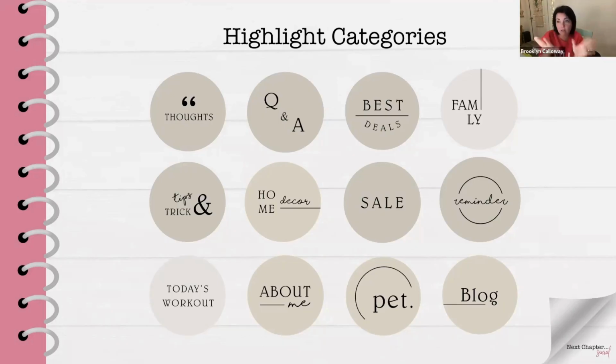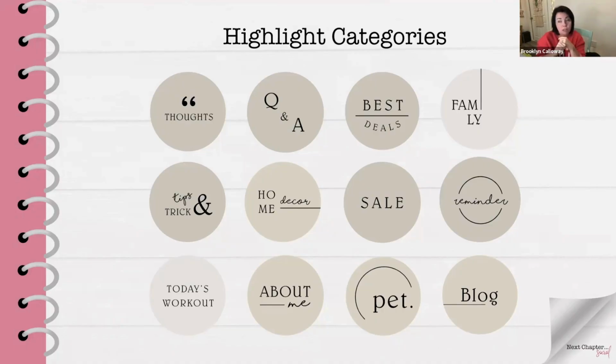Okay. These are from all over. So these are a mess as far as the categories go. They're not for a specific industry, but Q&As, thoughts, like my personal thoughts, tips and tricks for whatever industry you're in. Could be plumbing or hairdressing or organization or pet grooming, whatever it is about you.